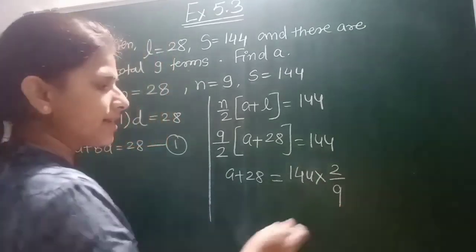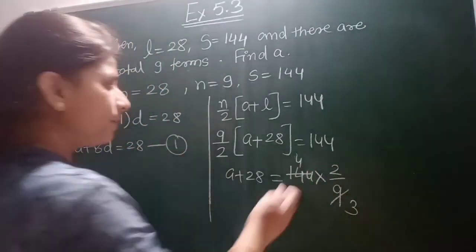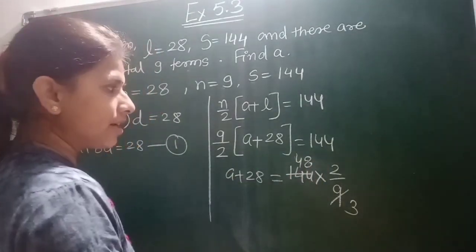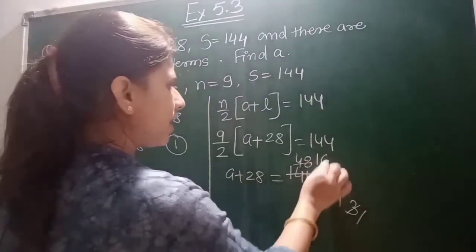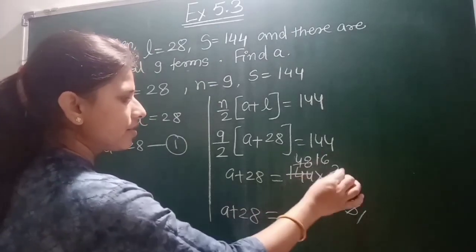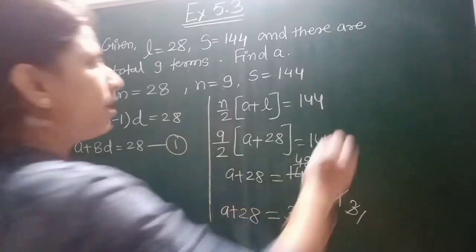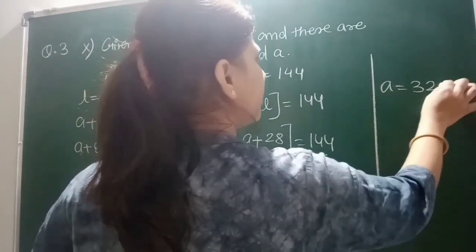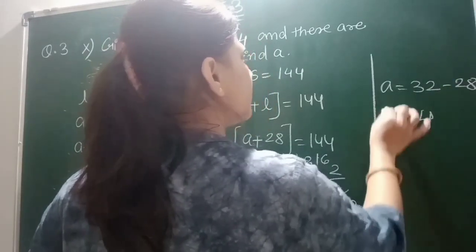Then we will cancel out this. 3 3s are 9. 3 4s are 12. 2 carry. 3 8s are 24. Again we can cancel out. 3 1s are 3. 3 1s are 3. 1 carry. 3 6s are 18. So a plus 28 equals 16 2s are 32. Okay. Then we will shift this 28 from left hand side to right hand side and we will get 32 minus 28. So the value of a is here 4.